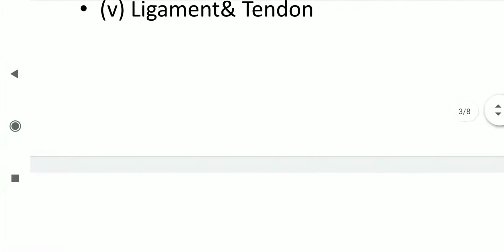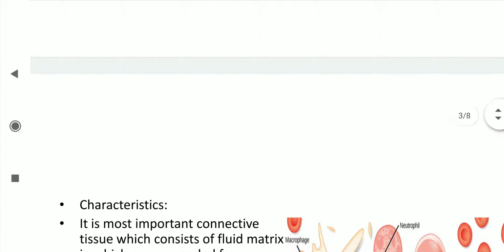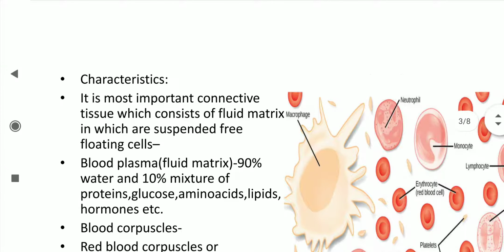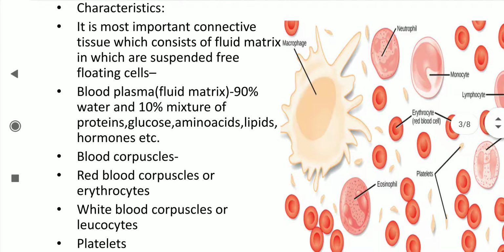Now children, first we will take blood. Okay. Blood, a fluid connective tissue. What are the characteristics? As I told you, this is a very important connective tissue. It consists of fluid matrix.